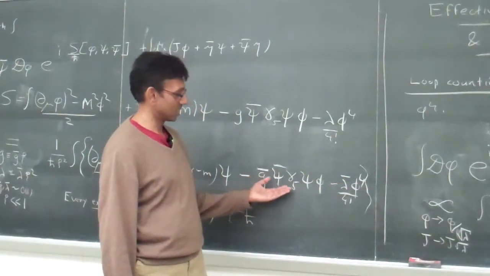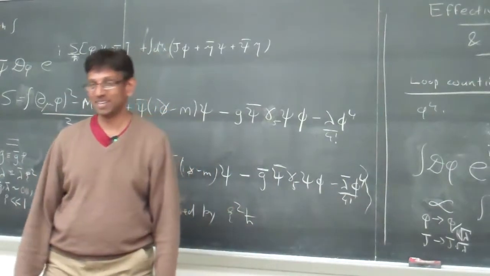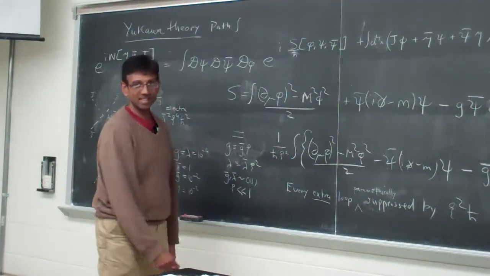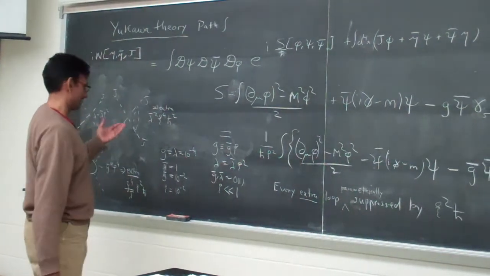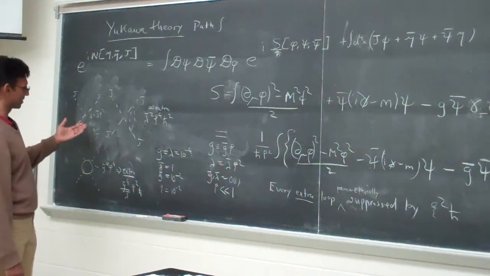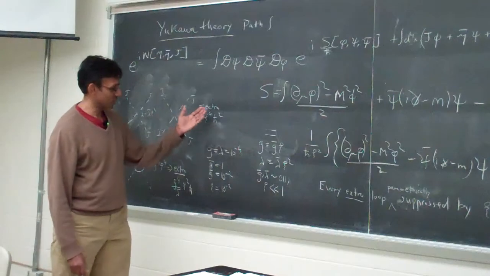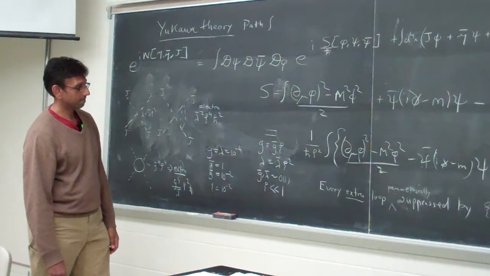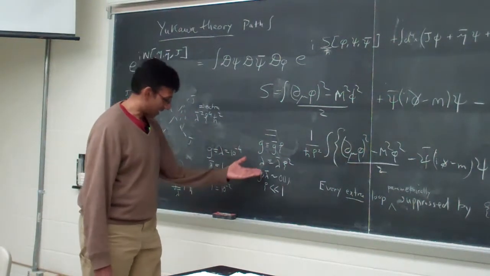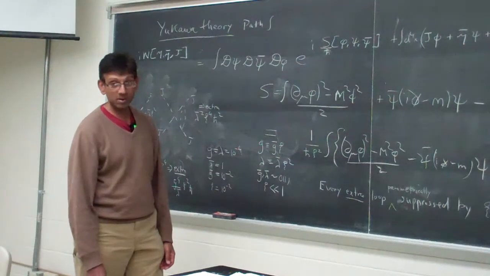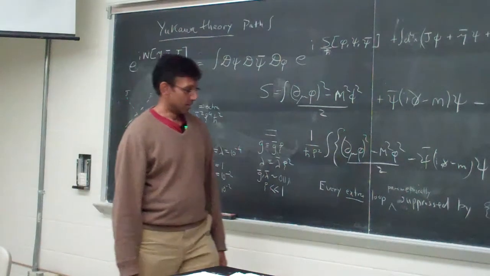So just make it c to the number of fields in here minus 1. You're not going to need that a lot, but this generalizes in that simple way. So play around with the graphology of this, and you'll see that's the rule that makes every loop come with an extra power of c squared h bar. And yes, you can think of both of them as small and equal by deviating from order 1, but I don't want you to make anything bigger than 1. That's all.